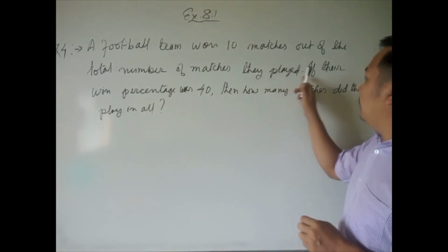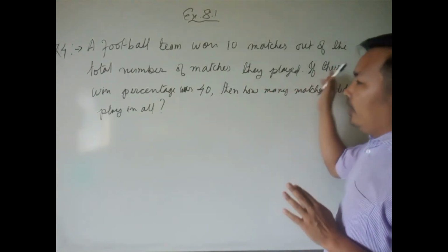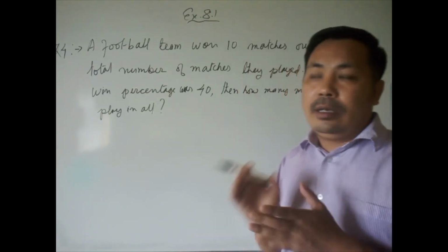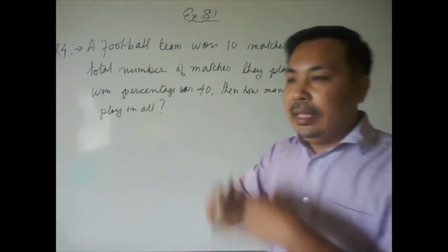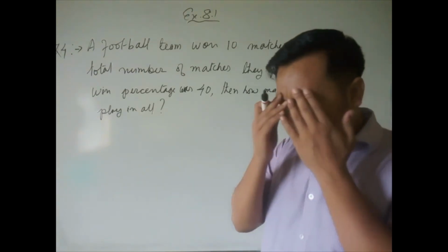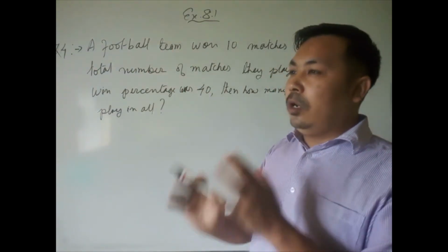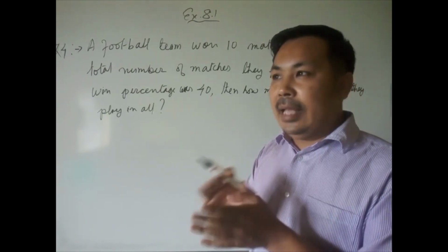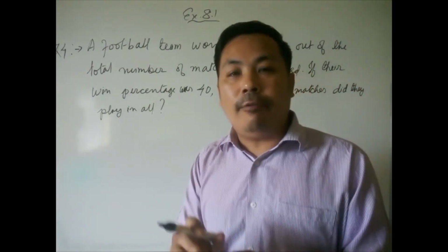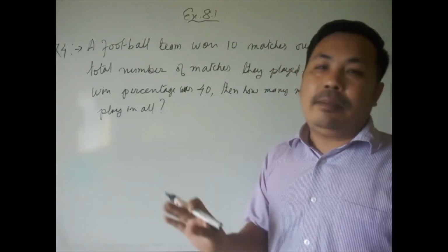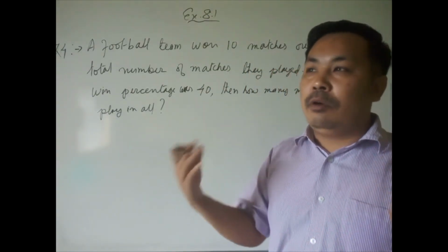Their win percentage was 40, which is, they won 10 matches. The team won 10 matches, and it is 40% of the total matches played in the tournament. So in the tournament, we don't know how many matches there are.